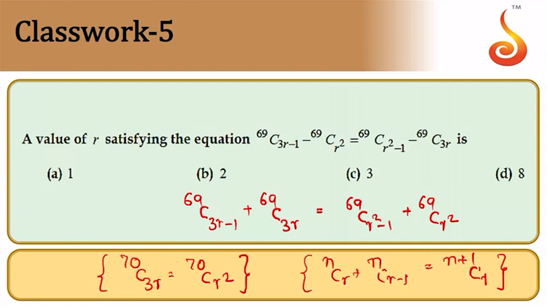Another formula we'll be using, I am writing here. Next page I'll write. Please write down this: nCr plus nC(r minus 1) is equal to (n plus 1)Cr.